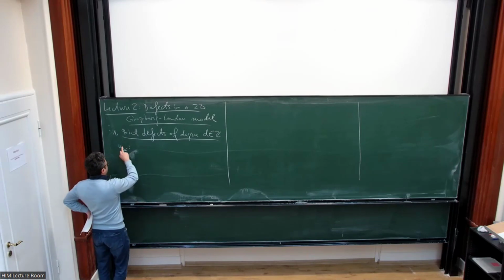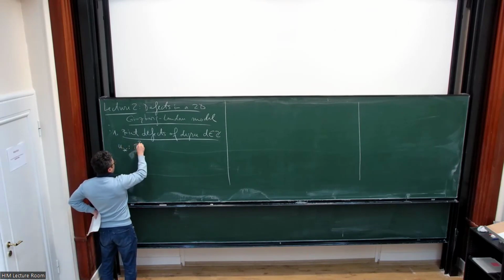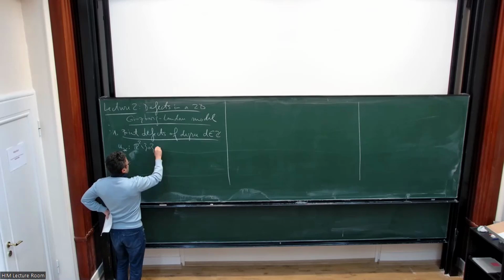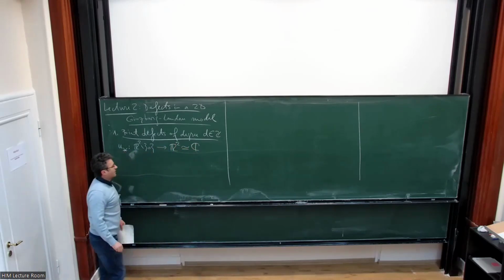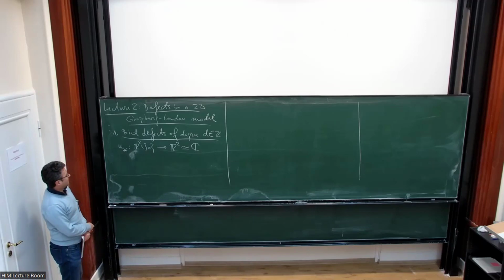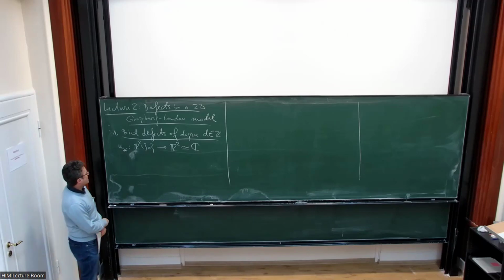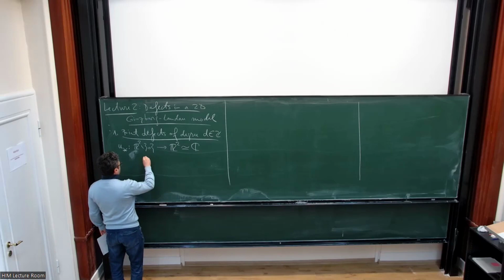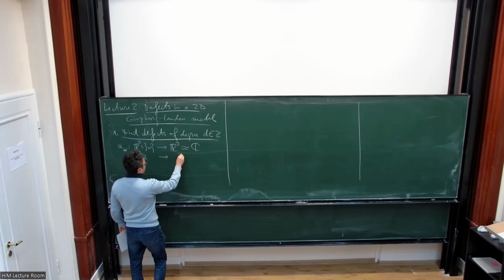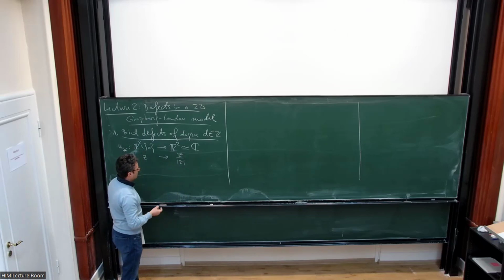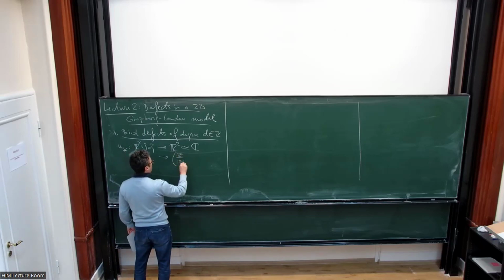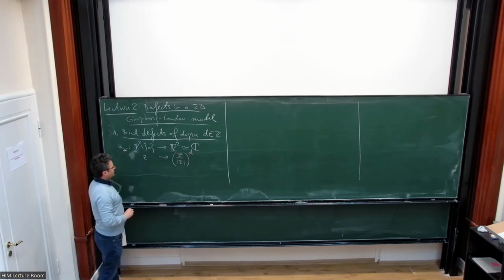We take u star from R2 with values in R2, and let's think that R2 is like the complex plane, and for each point here, we associate z over modulus of z. So that's the modulus, right? It's the Euclidean norm to the power d.